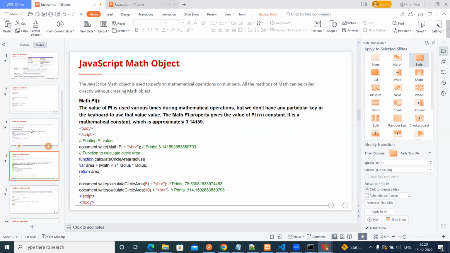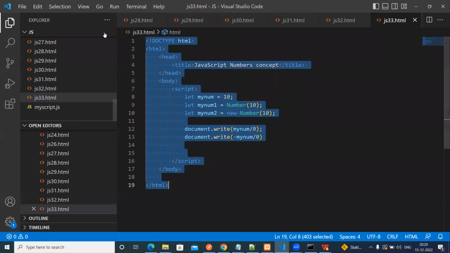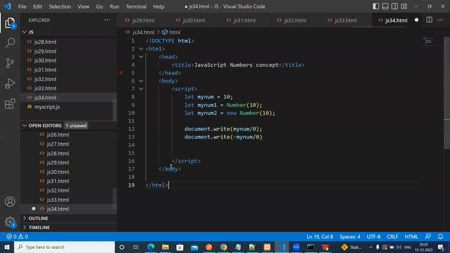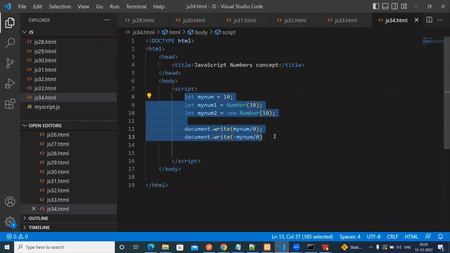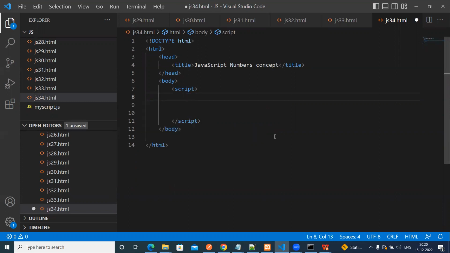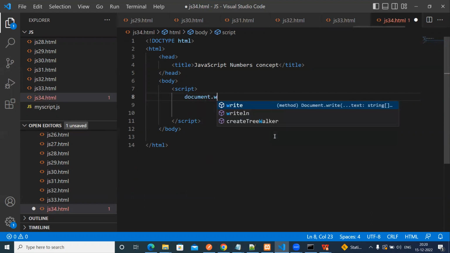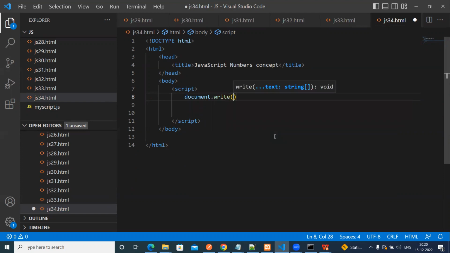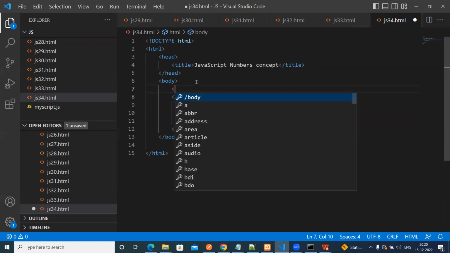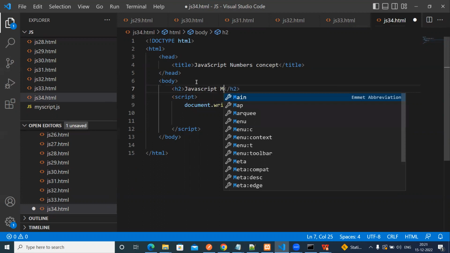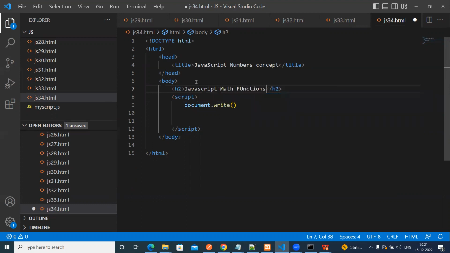Now we can see js34.html. So document.write h2 JavaScript math functions, right?